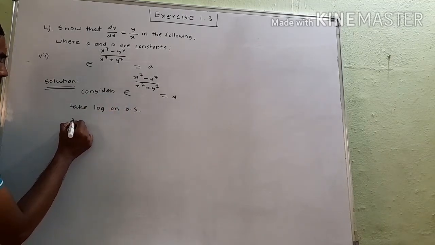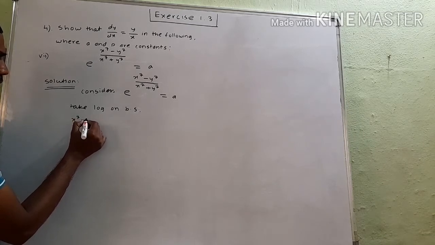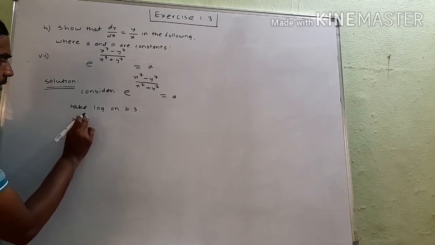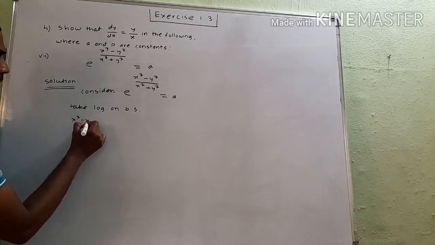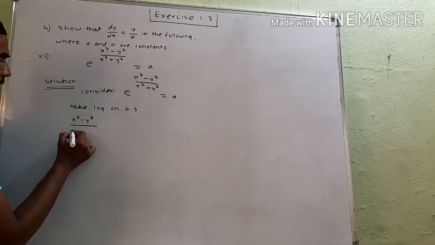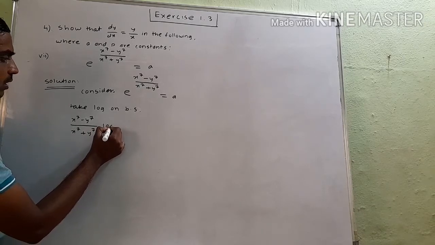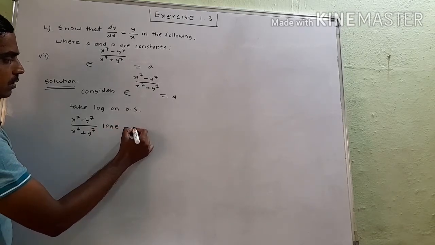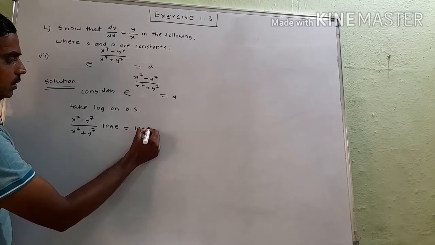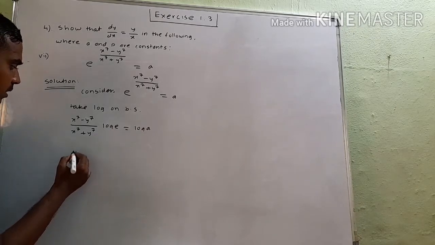we will get here power into multiplication, means x raised to 7 minus y raised to 7 divided by x raised to 7 plus y raised to 7 into log e, and the right side term is log a. And log e is 1.